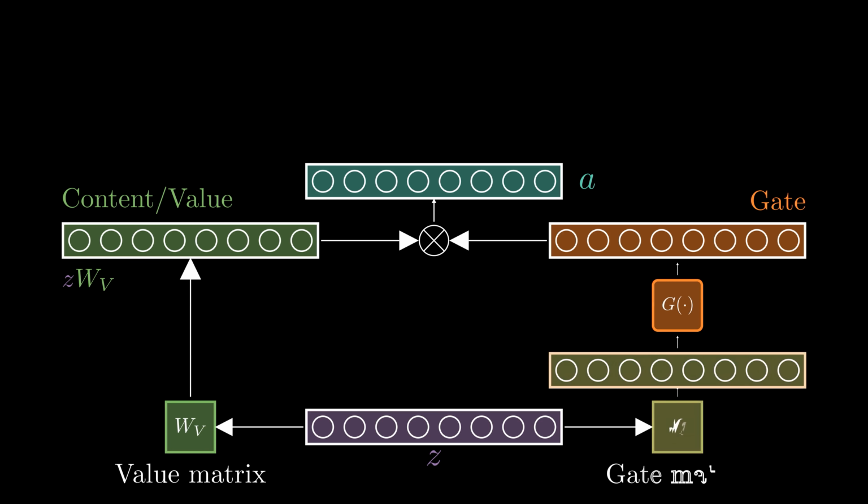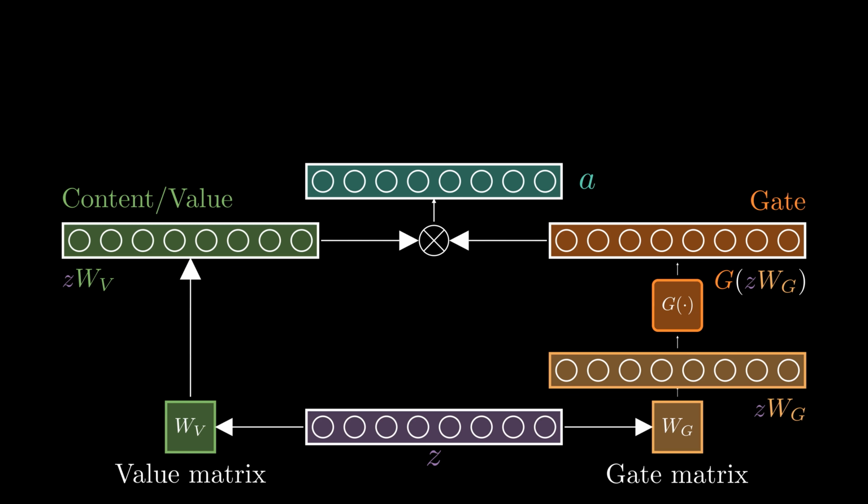Similarly, we can compute the gate vector using a learned matrix WG, followed by applying the gating function. A learned WG matrix lets the gate depend on arbitrary linear combinations of the input, not just element-wise values. This gives the model greater flexibility in controlling which features to pass or suppress, improving its expressiveness and learning capacity.